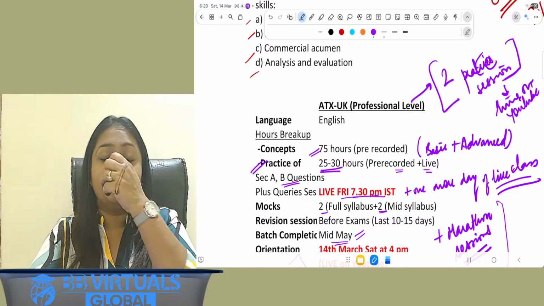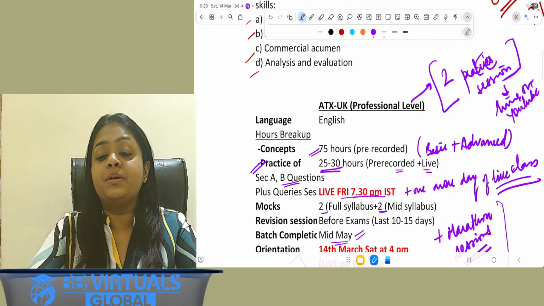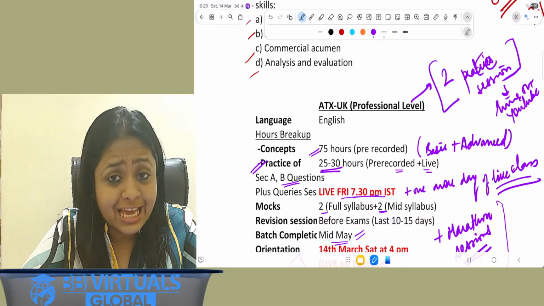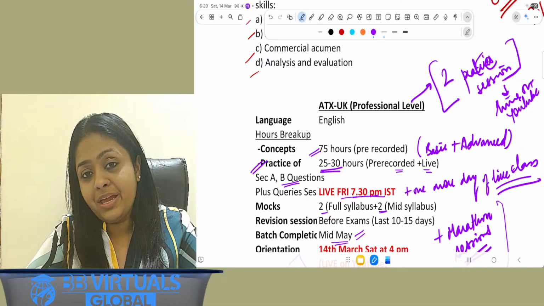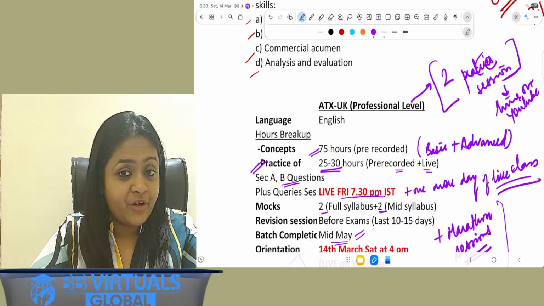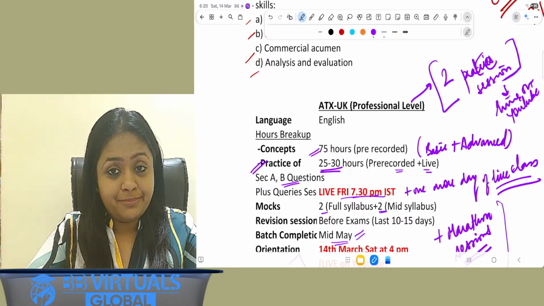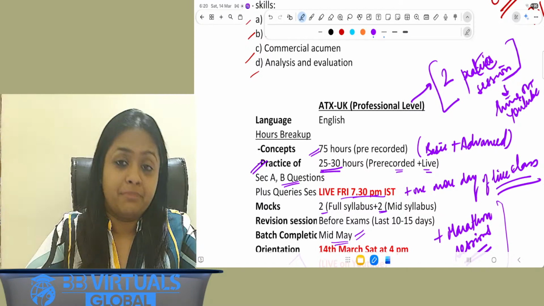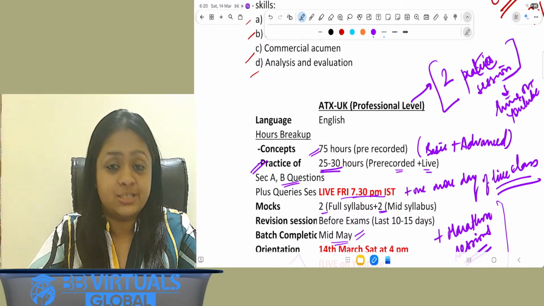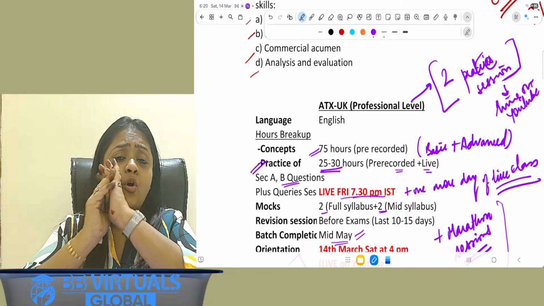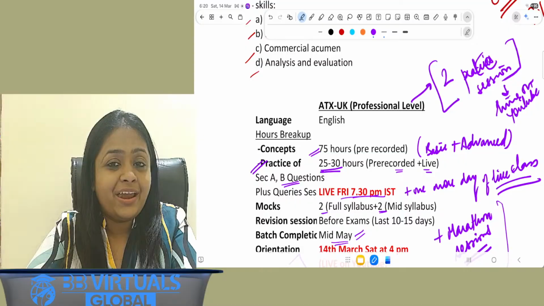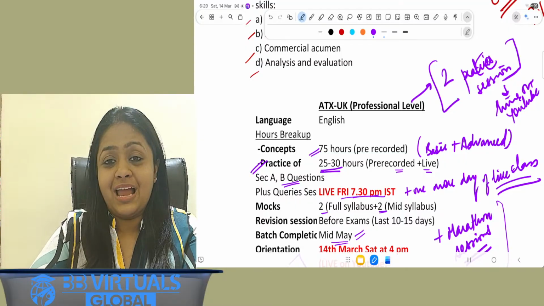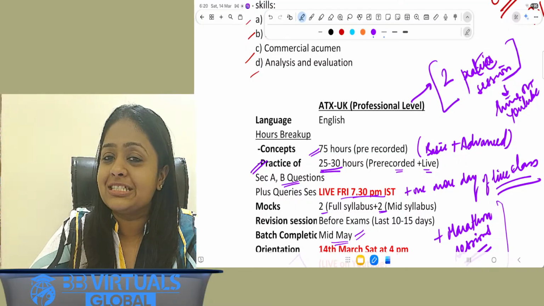One more point that people ask me: "Ma'am, will you be covering the amendments?" Of course, yes. Wherever relevant changes are needed to guide you, I will do it. We will be following FA 2025 only for your June attempt, and that is going to be valid for your September attempt as well. So we will be covering whole and soul everything in your ATX, guys, and learning is fun, that is the motto of our class, as well as 100% crystal clarity.